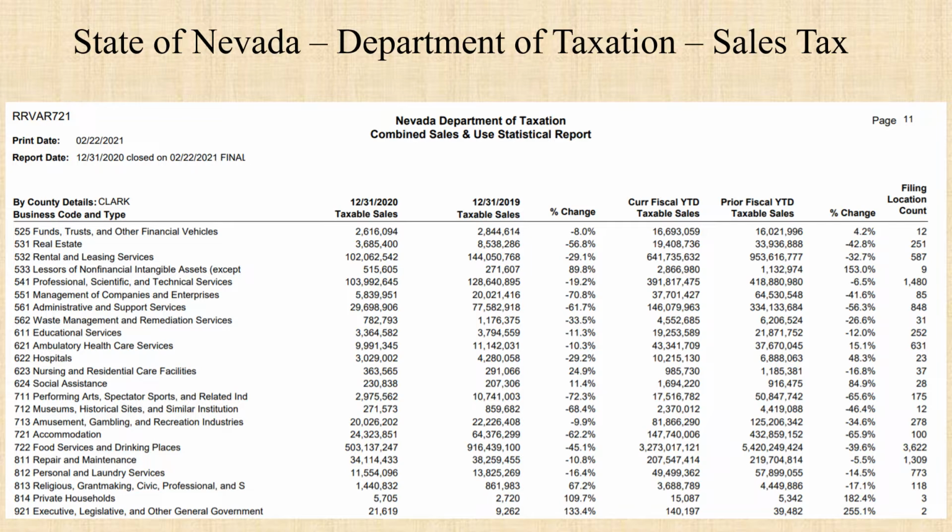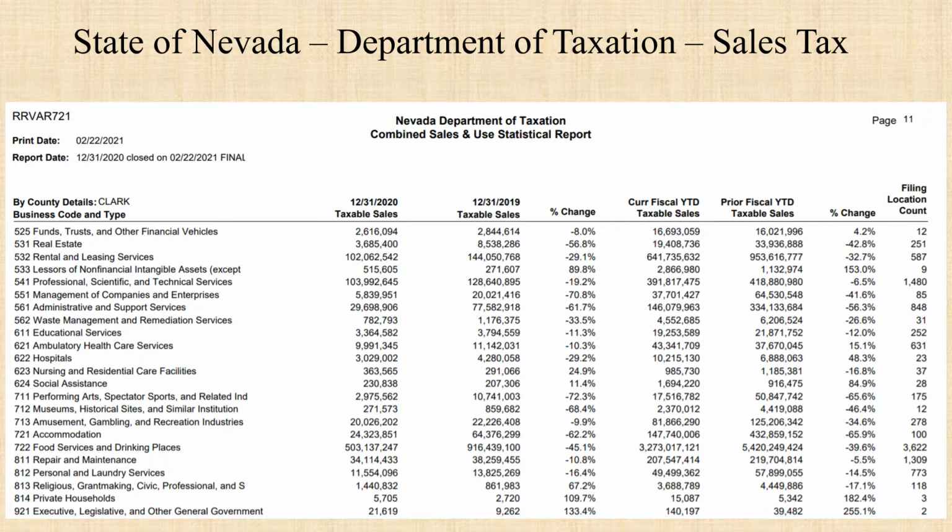But on the other hand, some things are up. For instance, if you take a look at educational services, you'll see that they are down by 12%, but ambulatory health and care services are up by 15%, and so are hospitals.